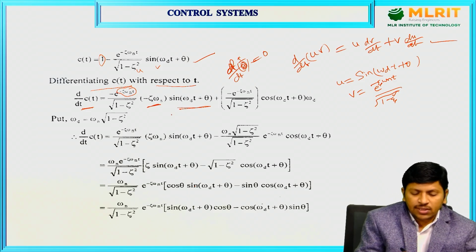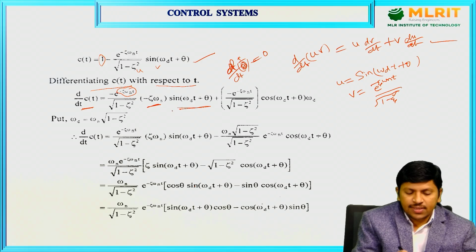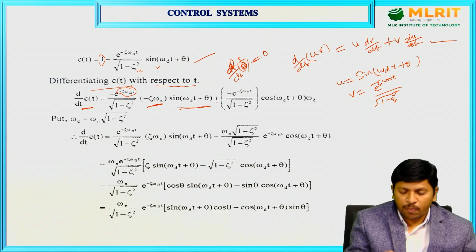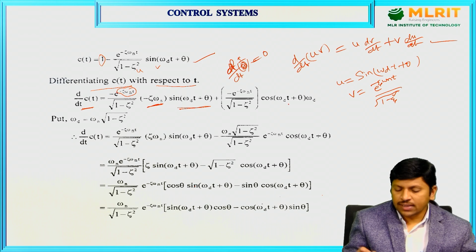Okay, this is minus zeta omega n sine of omega dt plus theta, same as it is, plus this term again as it is. I am going to write v here, and the u derivative here: u sine theta, so the sine derivative is cos theta, so cos of omega dt plus theta is there.